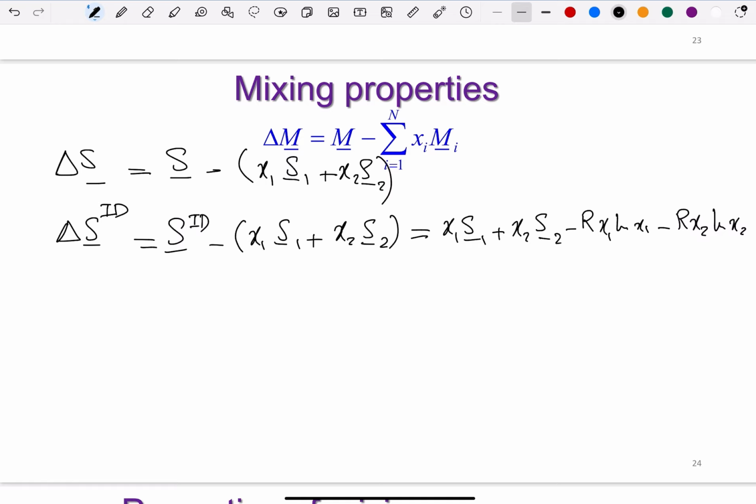Then I have minus x1 S1 plus x2 S2. I'm going to be left with minus R x1 ln x1 minus R x2 ln x2. Okay?